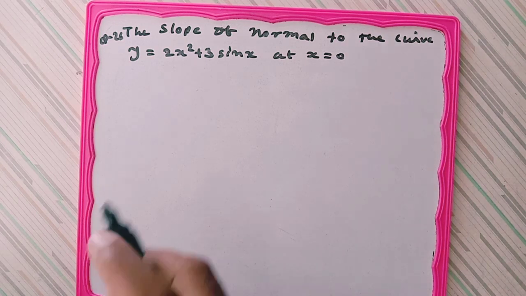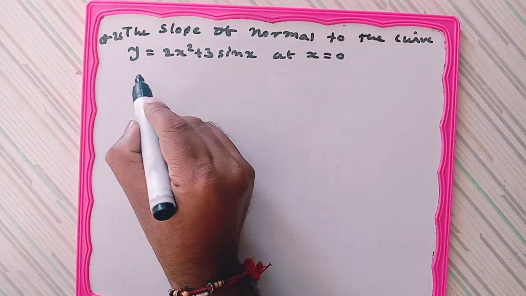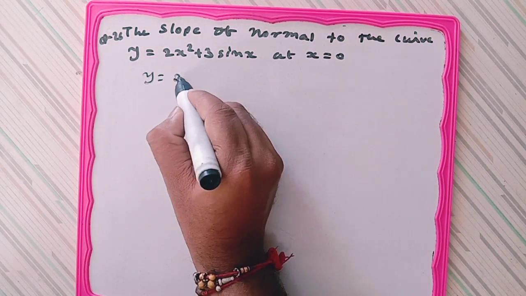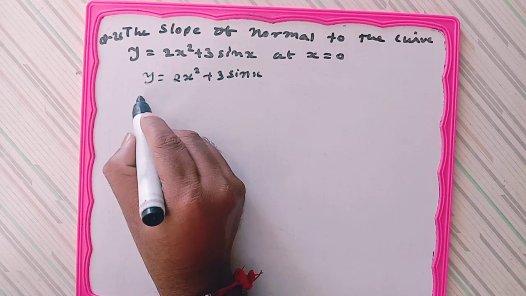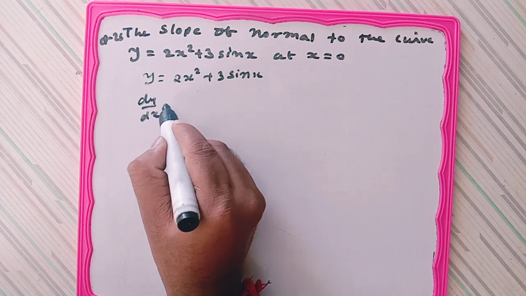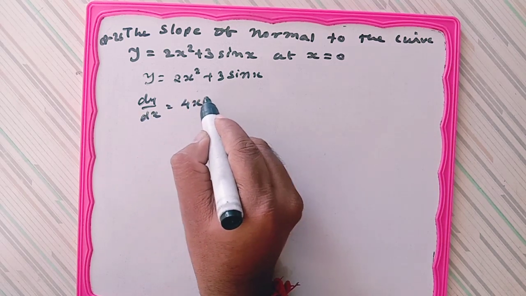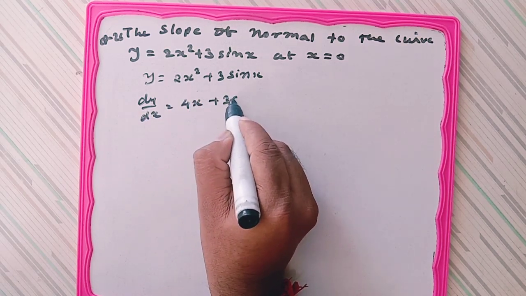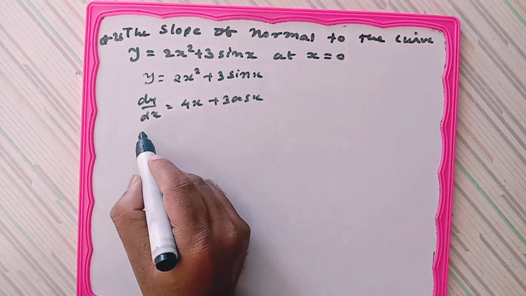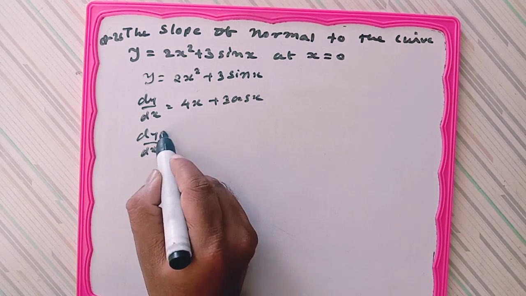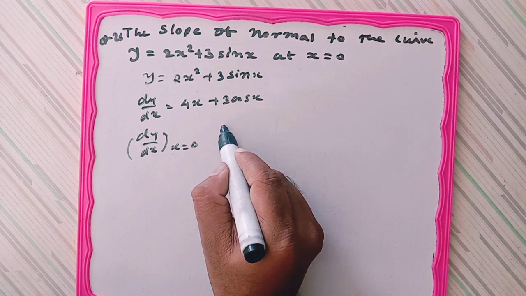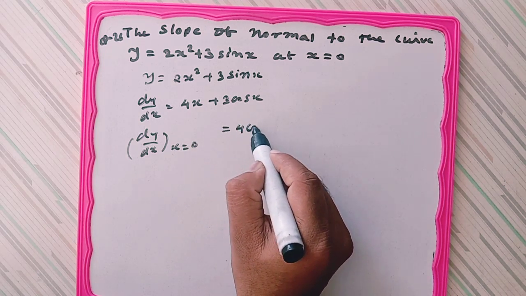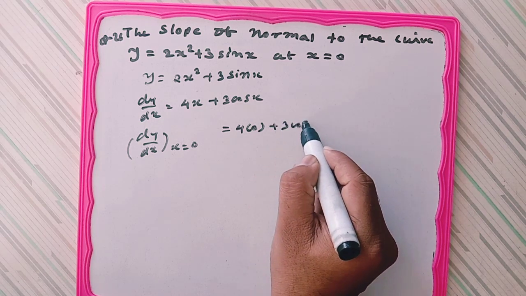Now question 26: find the slope of the normal to y = 2x² + 3 sin x. So dy/dx will be 4x + 3 cos x, and so dy/dx at x = 0 will be 4 into 0 plus 3 cos 0.